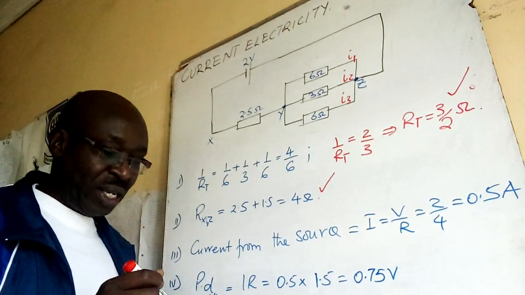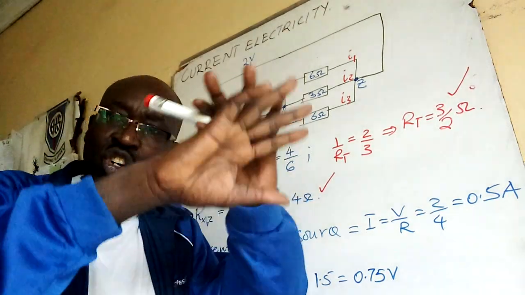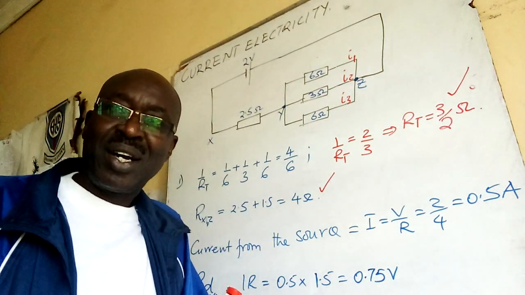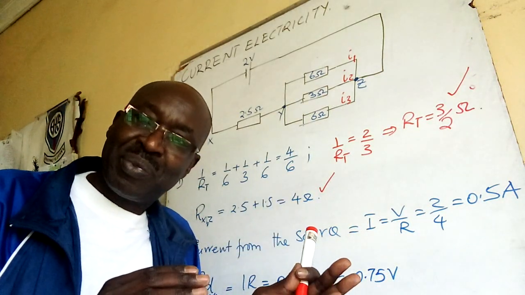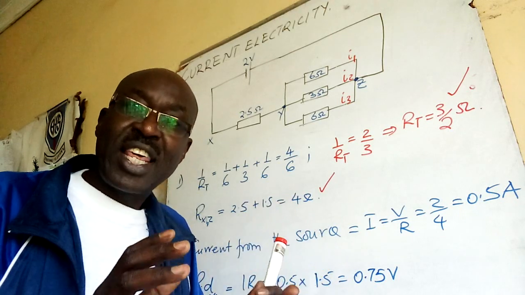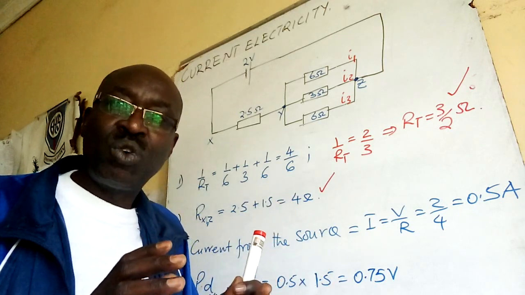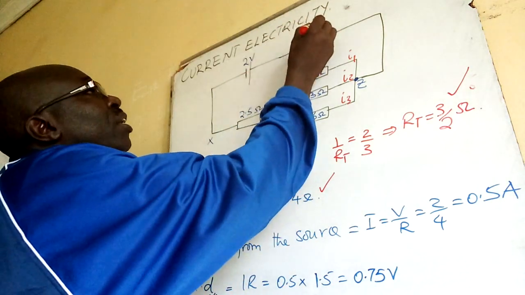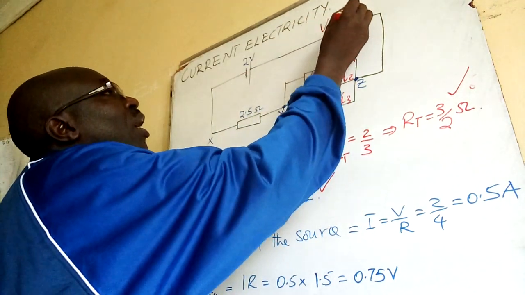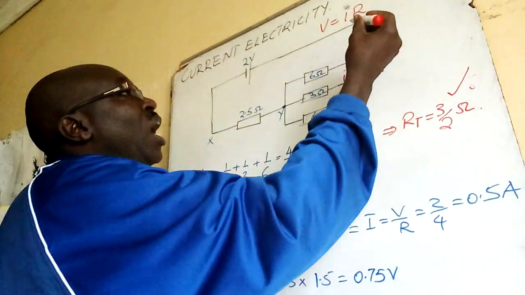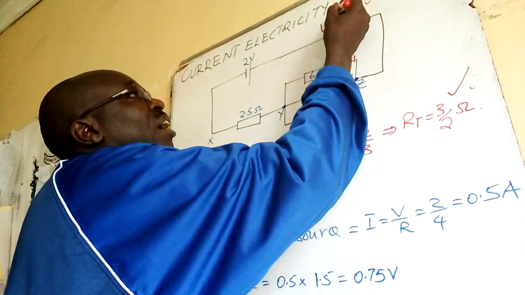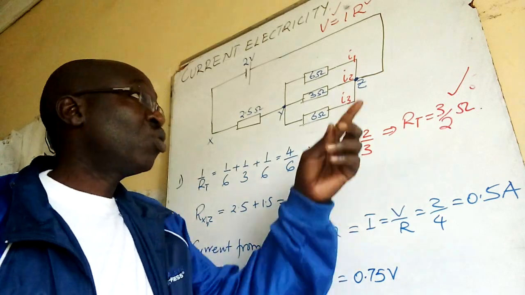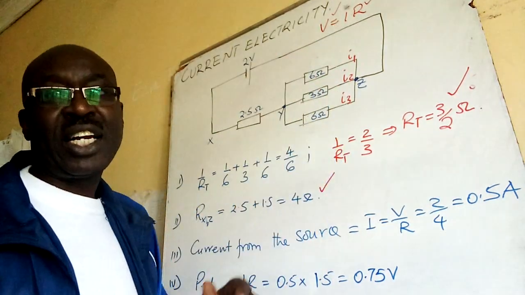Now from there, anytime you get total resistance, the core thing here is V is equal to IR. See? V is equal to IR. Now I have the total resistance and I have the PD of the source, so I should be able to get the current.